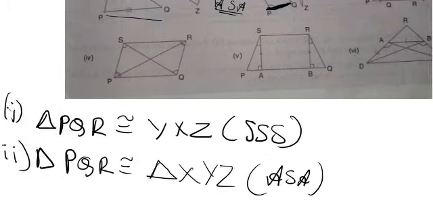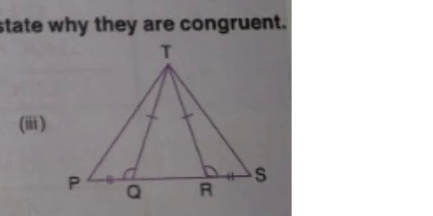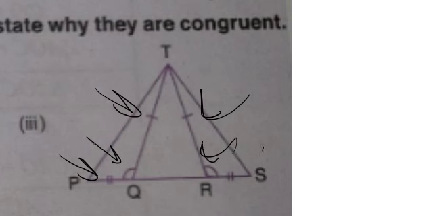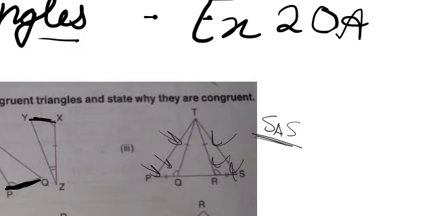And what have we got here? Let's see. It says again the same thing here, one angle between two sides, again two pairs of equal sides, right? So two sides and between them one angle, so what do we get here? SAS, right? So we will be using the SAS rule here, that is pretty clear.